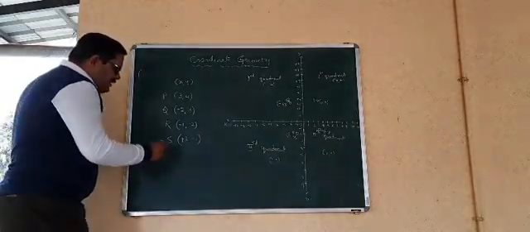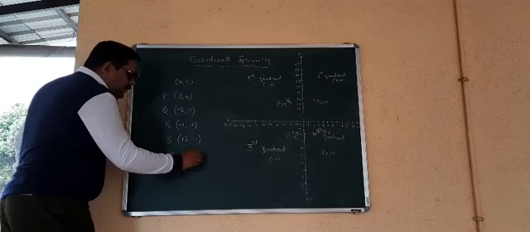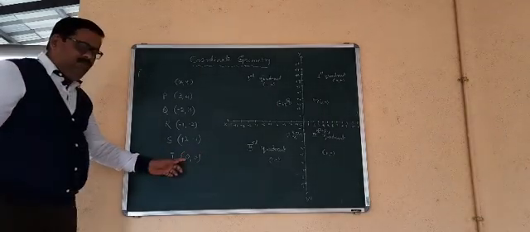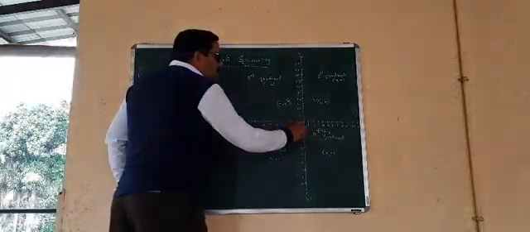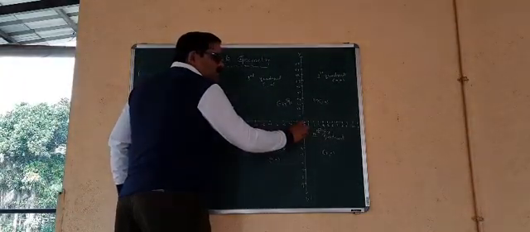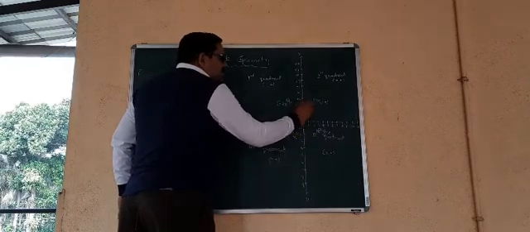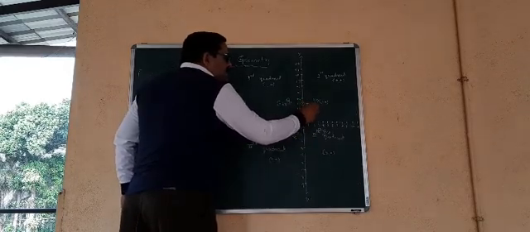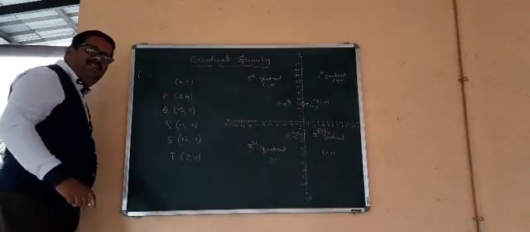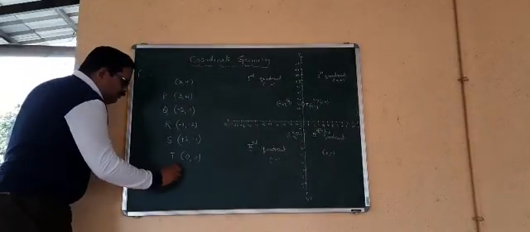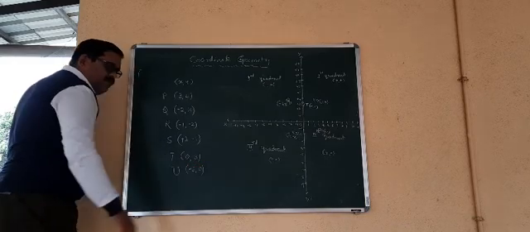Suppose another point T is like this, 0 and 3. Here the abscissa is 0 and the ordinate is 3. So this is the 0 value for x and 3 is here. So the point T is here with coordinate 0 and 3. Suppose another point U has minus 2 and 0.